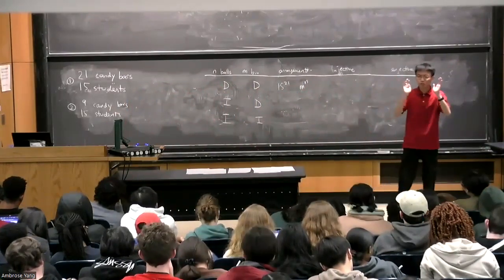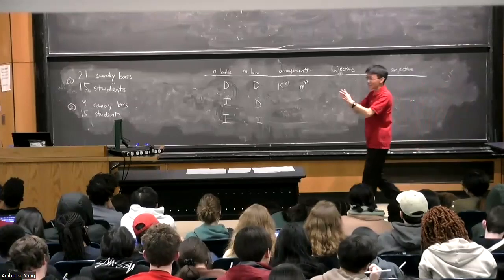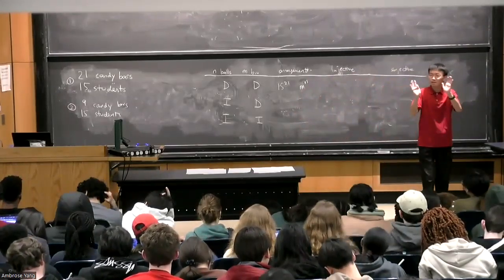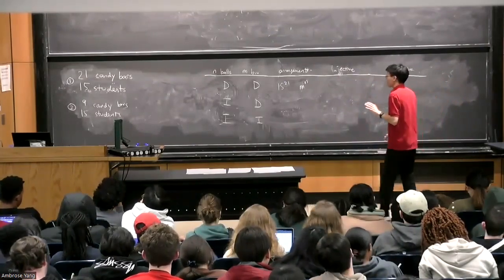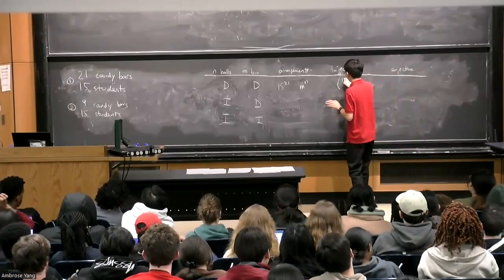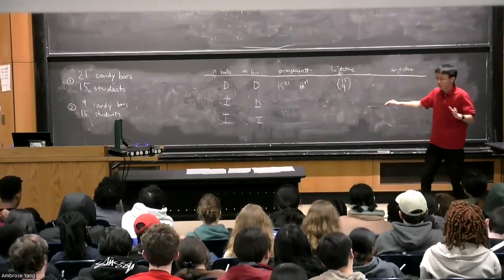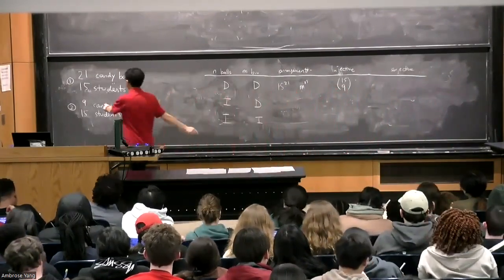Well, first we want to pick which students are going to get the candy bars, because everyone can get at most one. So I'll first pick who's going to get the candy bars. There are 15 students, and I have to pick a group of 9 of them. Then out of that group of 9, I need to count the number of ways to arrange the 9 candy bars.